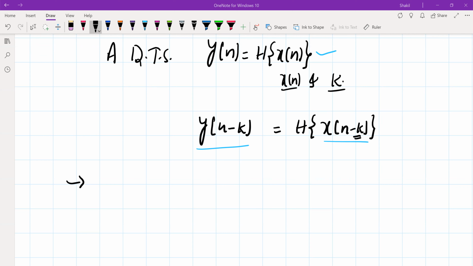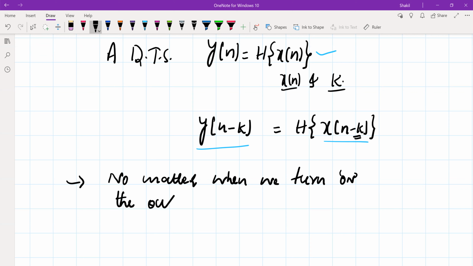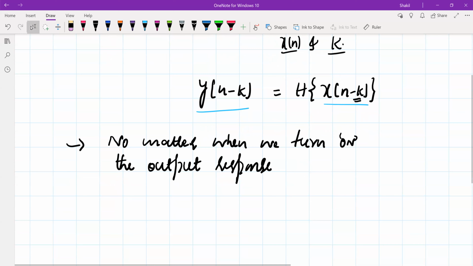Now, we can define a time invariant system like this also. It means no matter when you turn on this system for a given input, the output response will remain the same.